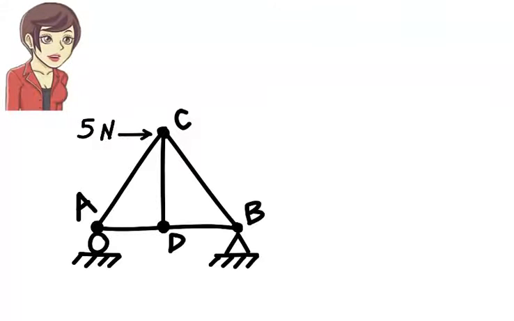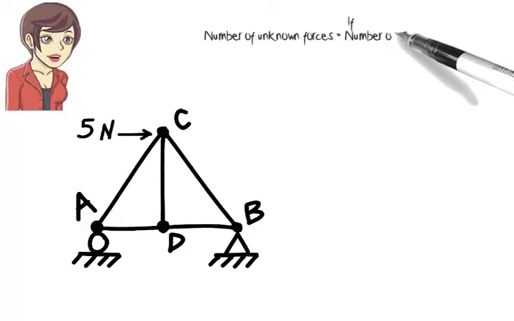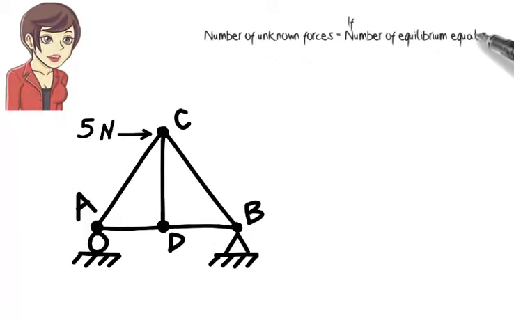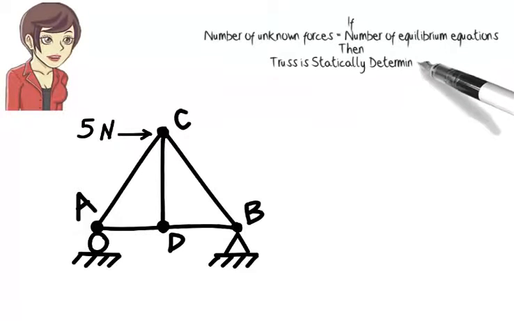A truss is said to be statically determinate if its member forces can be calculated solely using the equilibrium equations. Algebraically speaking, if the number of unknown forces equals the number of equilibrium equations, then the truss is said to be statically determinate.